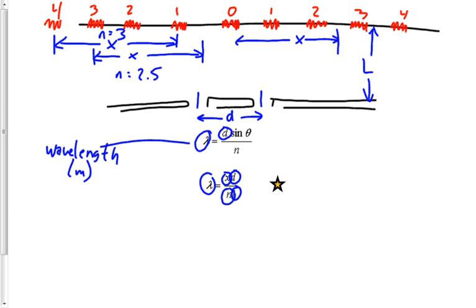For this one, what's N equal to? From 0 to the 3rd order minimum, N would be equal to 2.5. 2.5 minus 0 is 2.5. So X can be whatever you want, but N has to be consistent with X. Does that make sense?